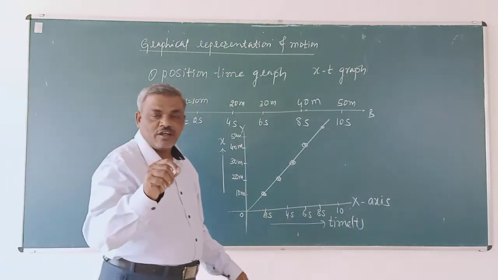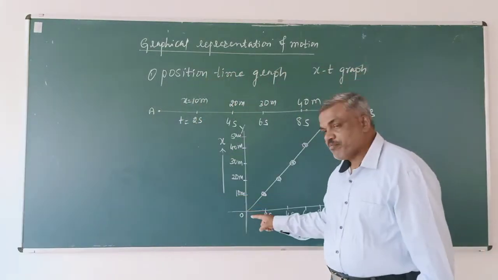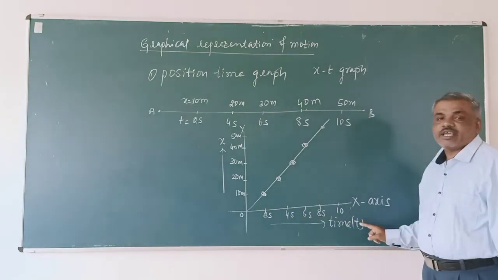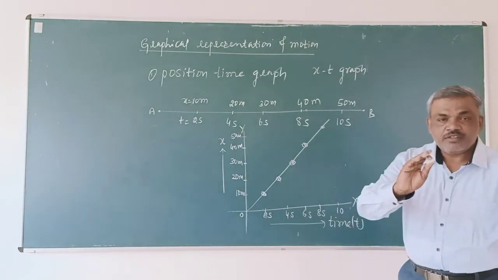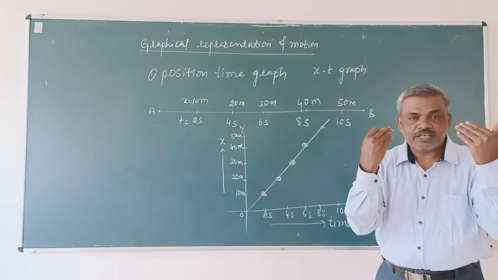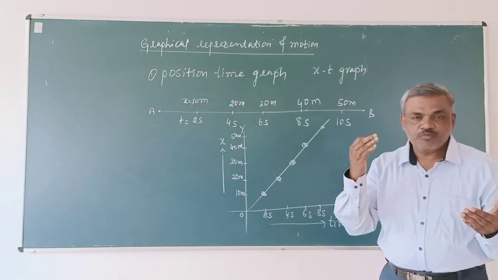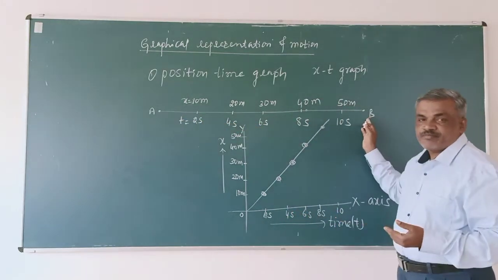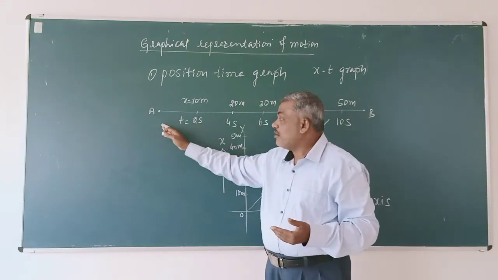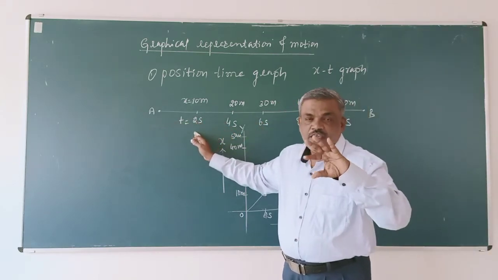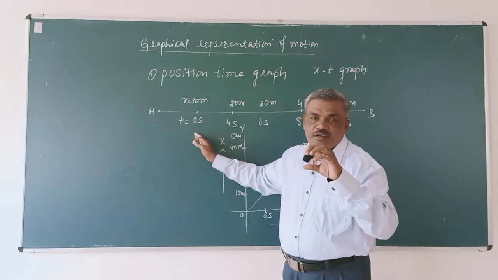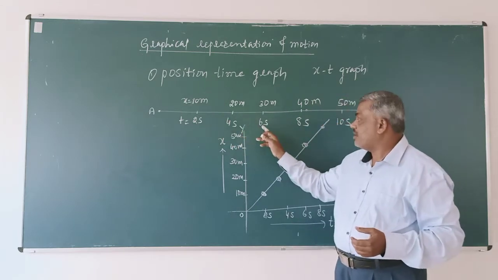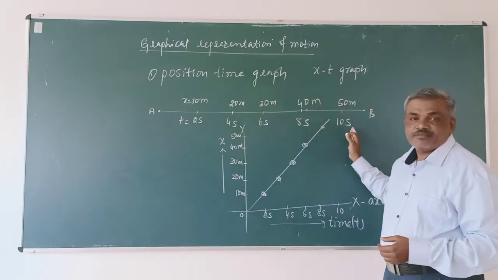So what is a position time graph? The graph obtained by plotting position along the y axis and time along the x axis. How do we plot the graph? We first take an example: a body or vehicle moving along a straight line, for example from A to B. The vehicle starts at A. After 2 seconds, the body covers a distance of 10 meters. After 4 seconds, 20 meters. After 6 seconds, 30 meters, like that.